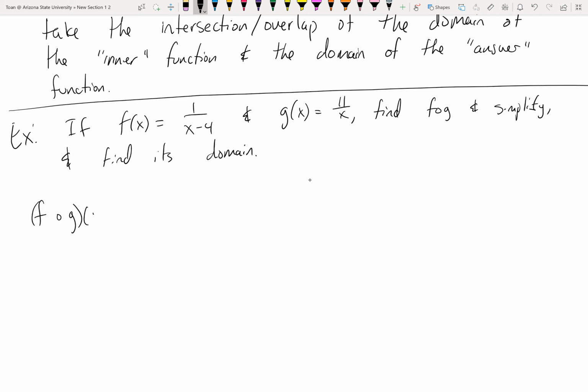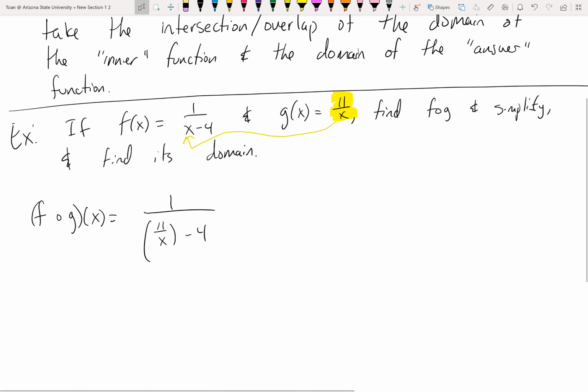So fog of x is taking the g function and substituting into the f wherever we see an x. So we have 1 over 11 over x minus 4. Now this creates what is known as a compound fraction. Let me go ahead and get rid of the parentheses because nothing's multiplying it.